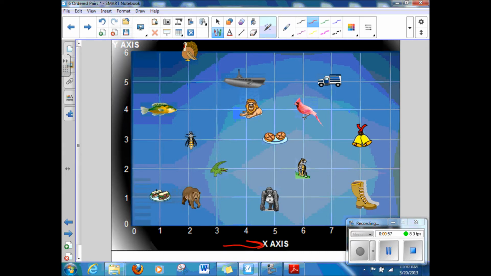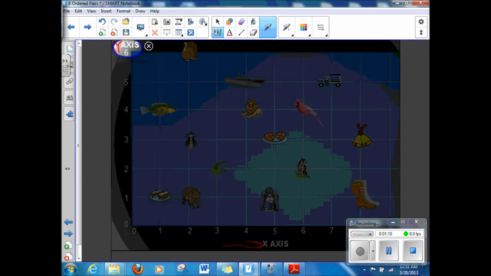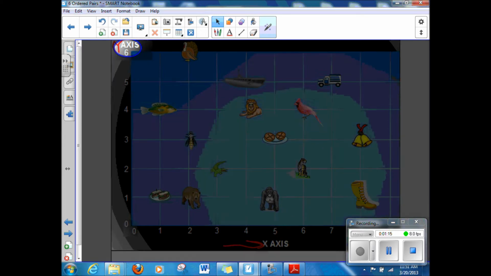And take a look at the y-axis over here on the right-hand side. I'll draw with my magic pen again around the y-axis there. There's the y-axis, and we know that x comes before y.